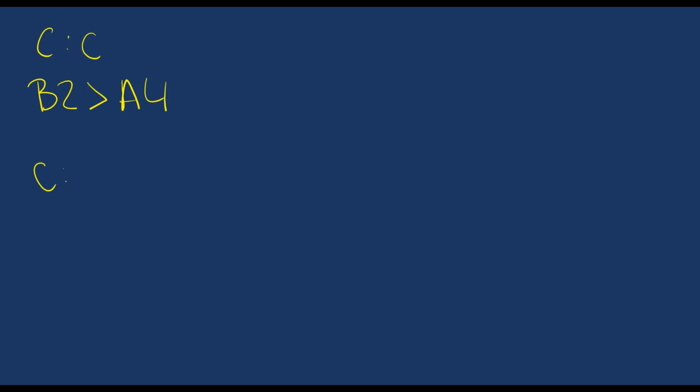Now, a cell to a value is going to say, let's say, C9 is greater than 12. A value is going to be any kind of number. Where up here, we're comparing two different cells to each other. You could be comparing a number or something like, if the word dog is in B2, is the word dog also in A4? Do they equal each other or not?